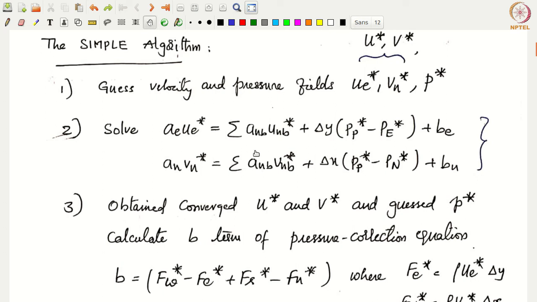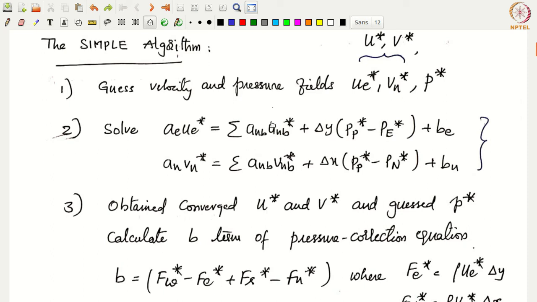The convection term would have both u and v, depending on the face we are looking at. But because we have linearized the system, the values going into d and f and eventually into the a's and b's are known at this point. They are calculated based on these guess values.